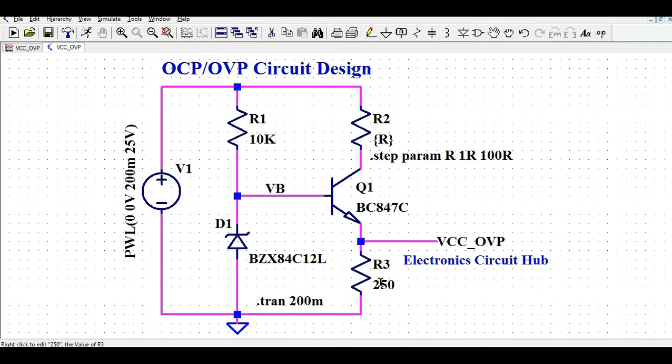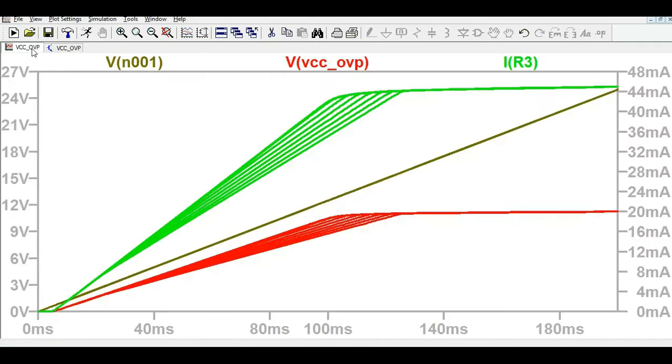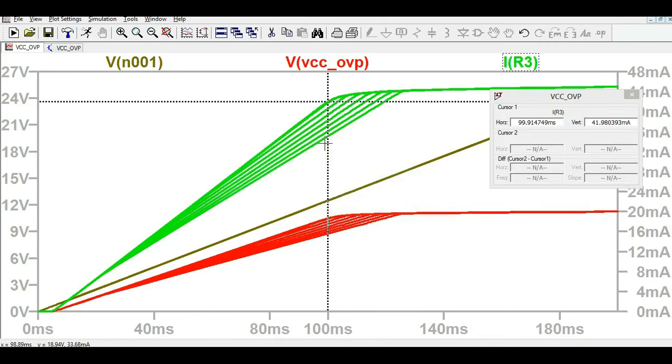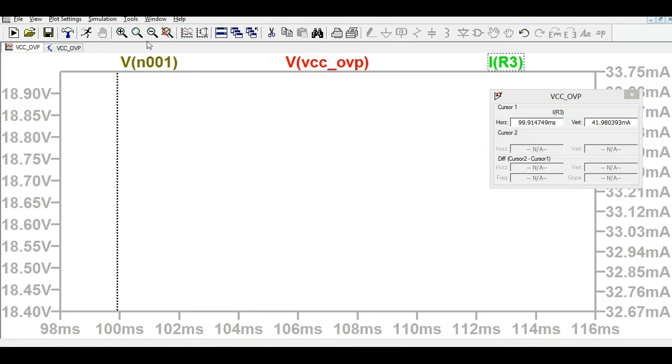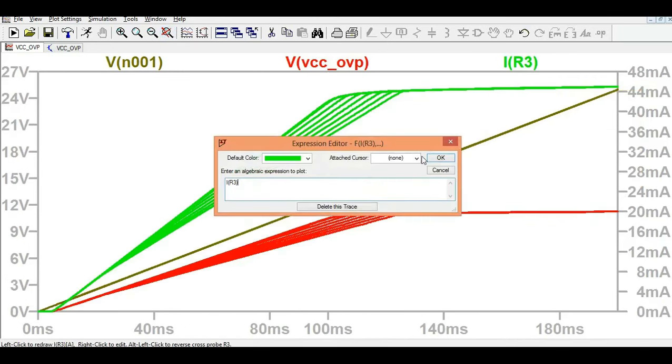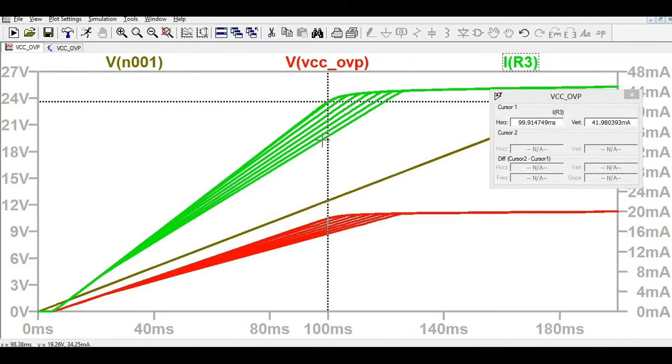Let me now show you the current, whether you are getting the constant current or not. This is your current IR3. After this point, let me add the cursor again, and let me show you.